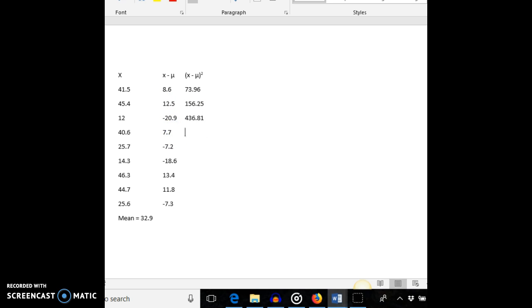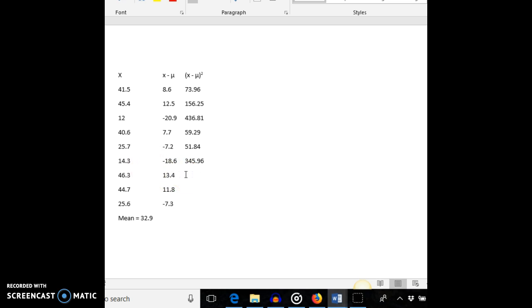If I take 7.7 times 7.7, 59.29. If I take negative 7.2 times negative 7.2, 51.84. If I take negative 18.6 times negative 18.6, that's going to be 345.96.